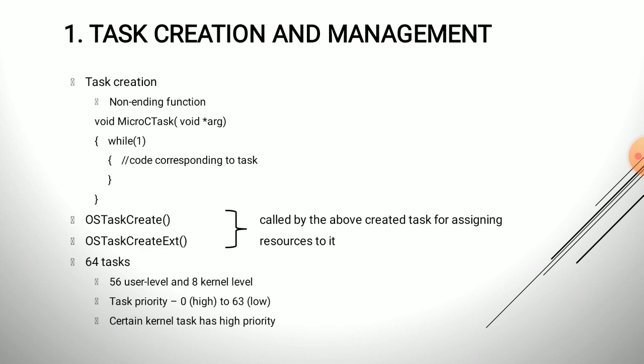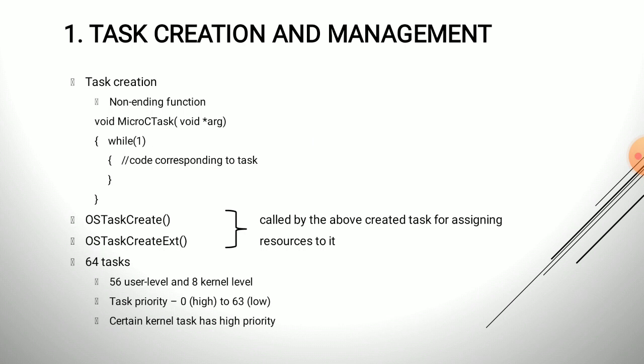The task doesn't return anything, that means the return type of this task is void. The argument to the task is passed through a pointer to void. So this micro C task is in the dormant state now.